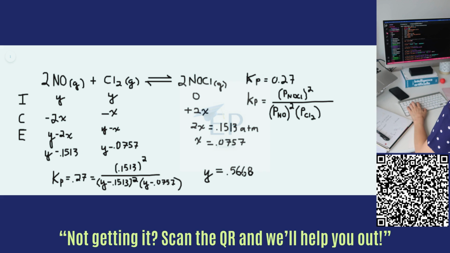But if you remember, we did this in atmospheres. So this is atmospheres, and we can convert that to torr by multiplying by 760. And we would get about 429 torr for the initial partial pressure of NO and Cl2.